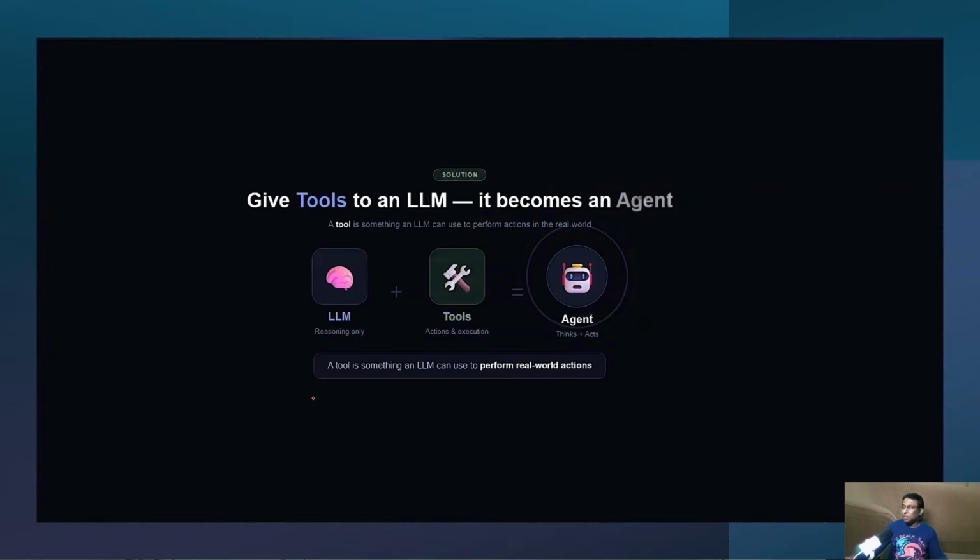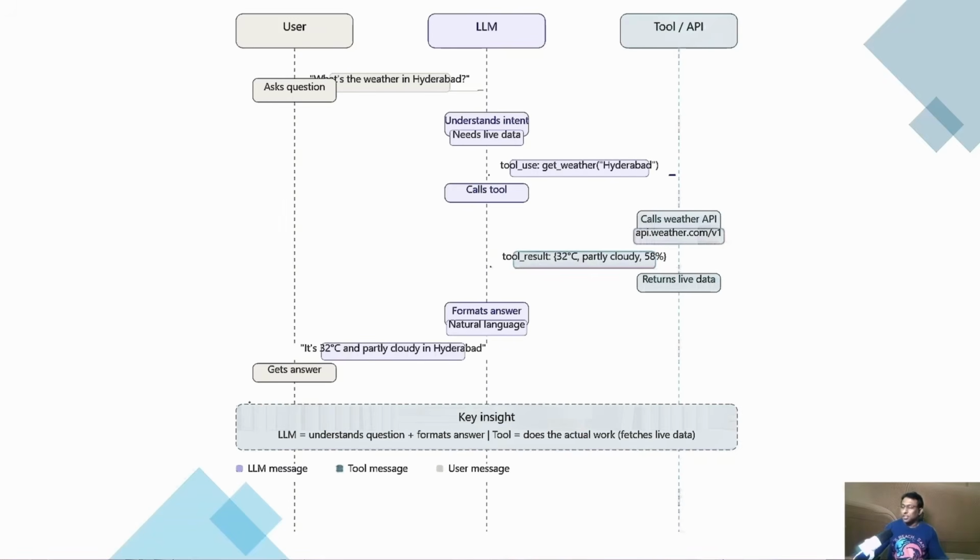An LLM with tools becomes an agent. So here, what is a tool? A tool is something that an LLM can use to perform actions outside its brain. We will understand this with a simple example. When a user asks a question, what is the weather in Hyderabad? That question is passed to the LLM. The LLM looks into the query and understands that it is not in its pre-trained data. It is outside its intent.